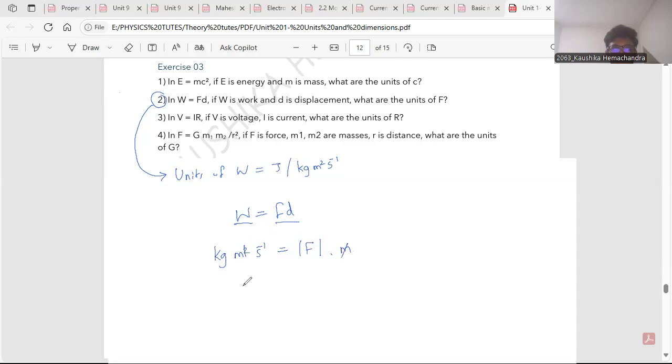Then you get, sorry, I wrote the wrong units for energy. This should be minus 2, right? My mistake, not yours. So the answer is kg m s minus 2, right? If you got it as m s minus 1, that's okay. That's because of my mistake, no?